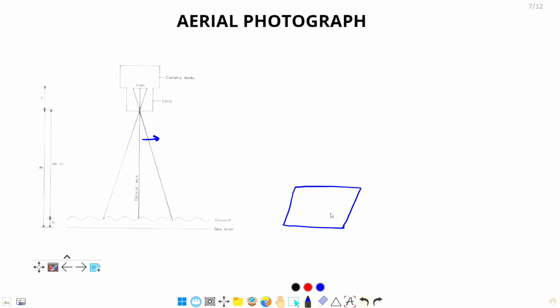This patch of land which is being captured at once is known as instantaneous field of view. Instantaneous field of view means this much land is being captured at an instant.